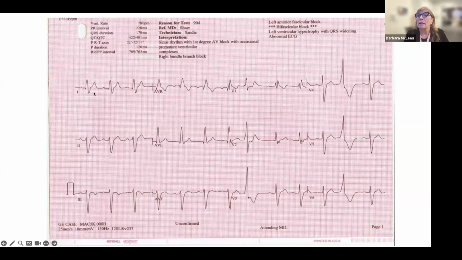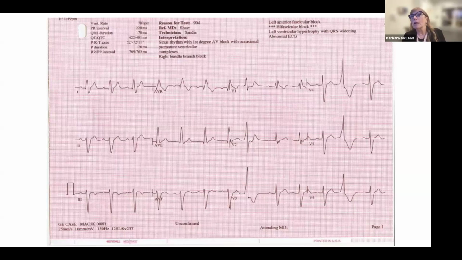Just looking at frontal plane leads, what you're going to use is 2 leads that basically bisect the chest, lead 1 and AVF. Lead 1 should be upright and AVF should be upright, and if they're both upright, you have a normal axis. So we have an abnormal axis, and you have to explain that. Why do I have an abnormal axis?